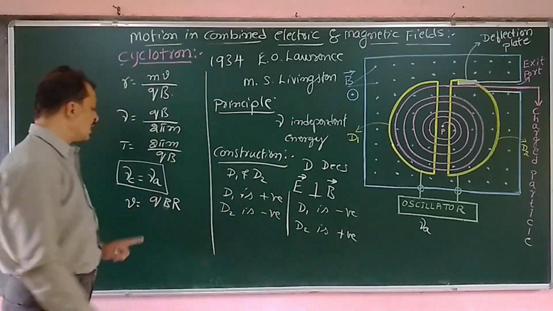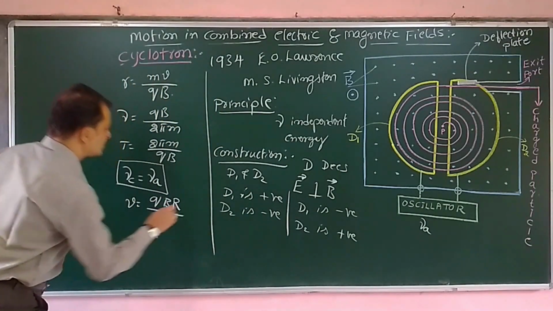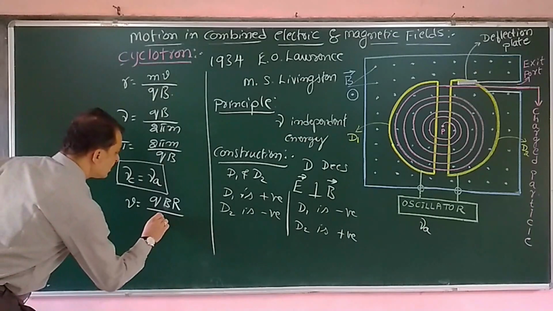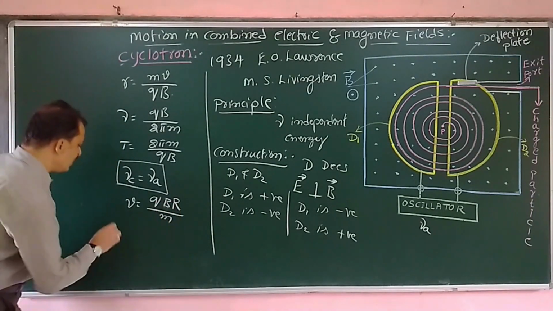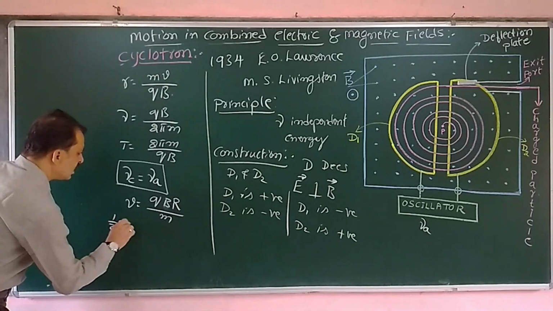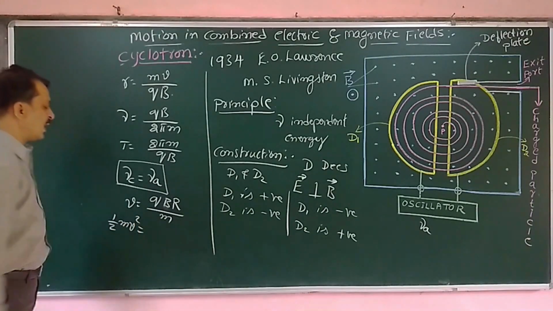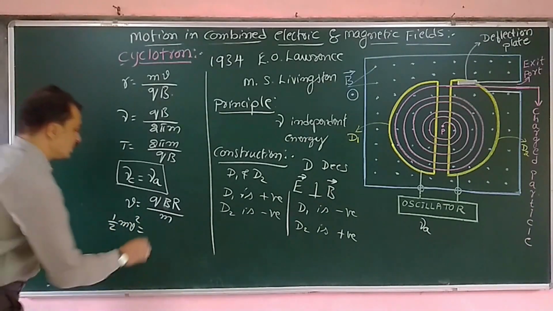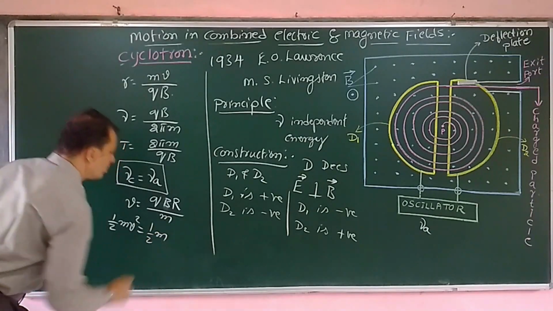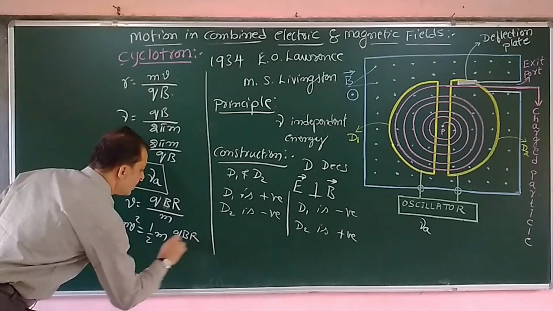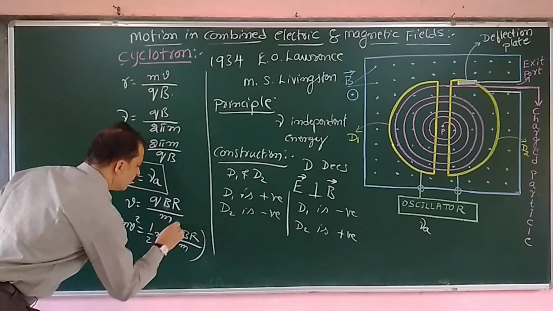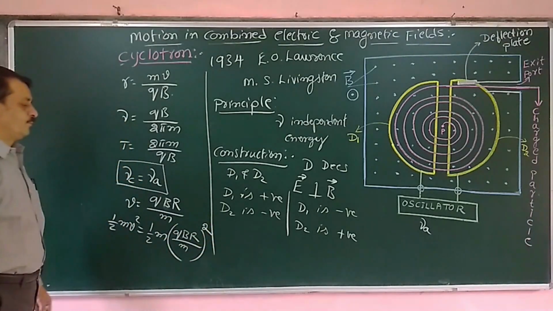Then the kinetic energy of the particle which is coming out is half m v square. That is half m, substituting for v, q B R divided by m whole square.